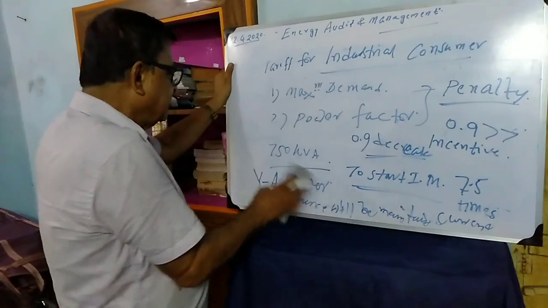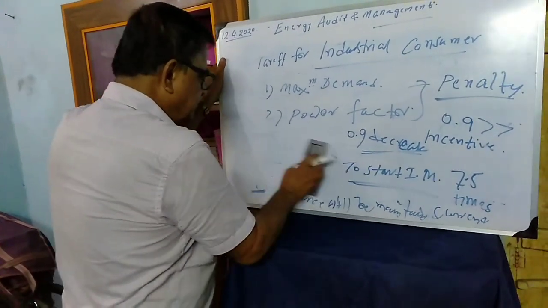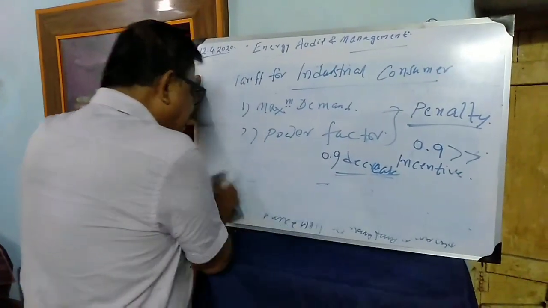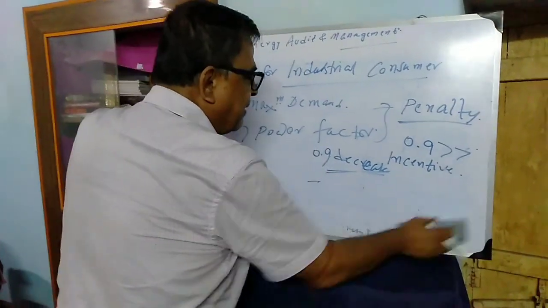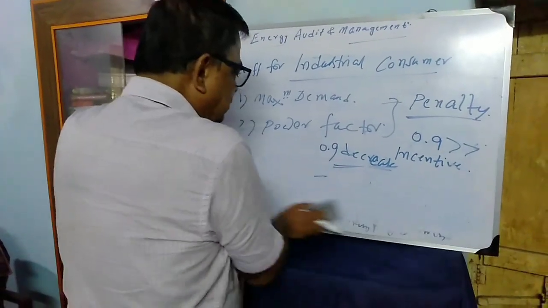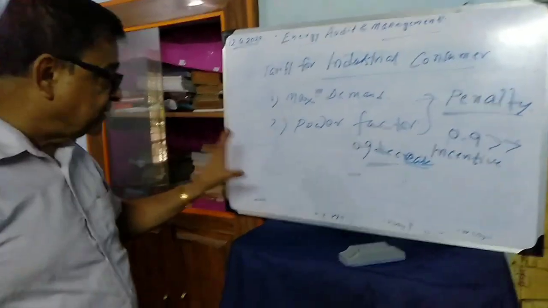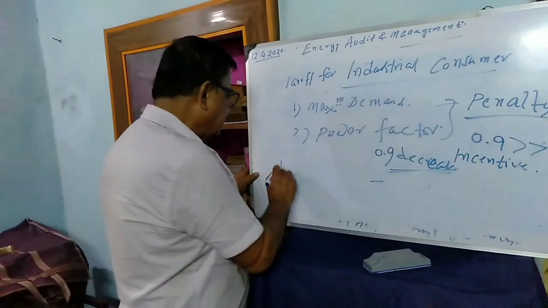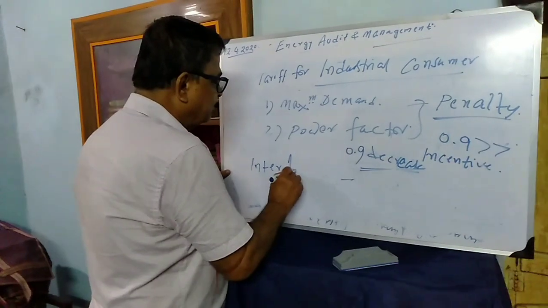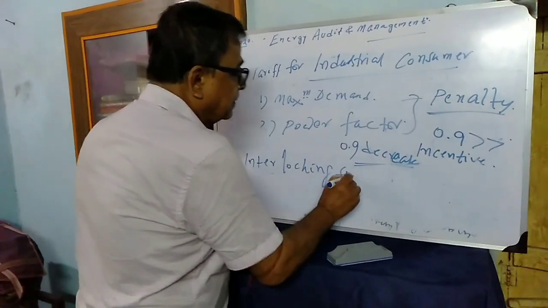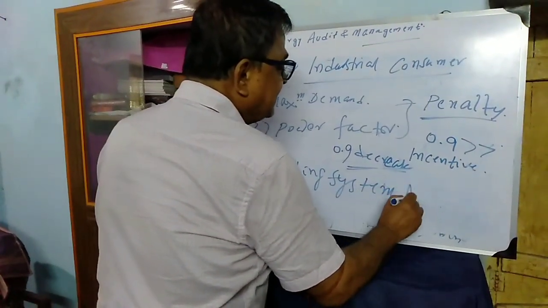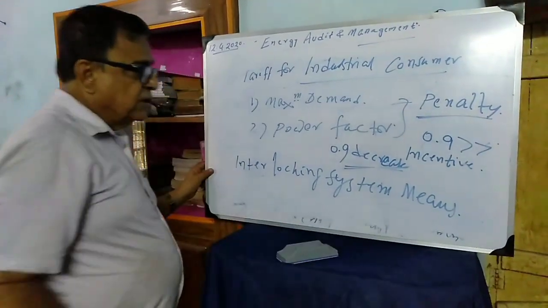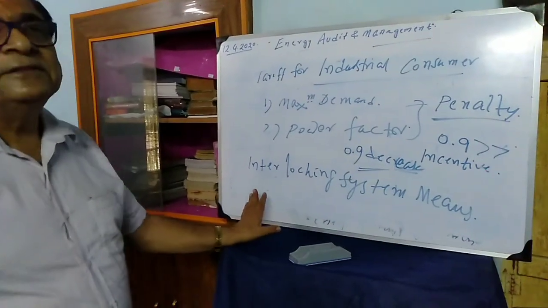One is this part. Second, at the time of load shedding or some power shutdown, the total machines, the pumping operations, will be stopped. But a protective interlocking system will be there. Interlocking system means that when power comes back, no motor will start automatically.